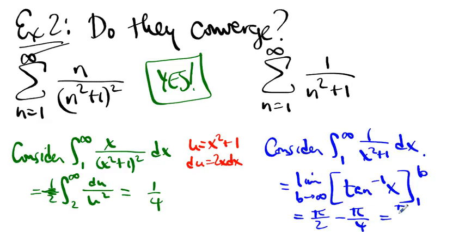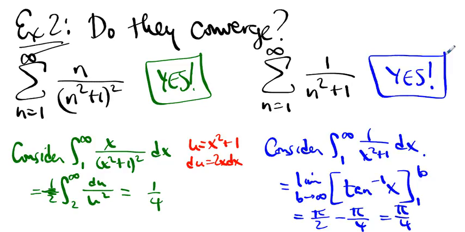That's pi over 4. So I get a number. And since I get a number, this integral converges, so this sum also converges. Mind you, I have no idea what that sum is, and I have no idea what that sum is, but I know that there is a sum.